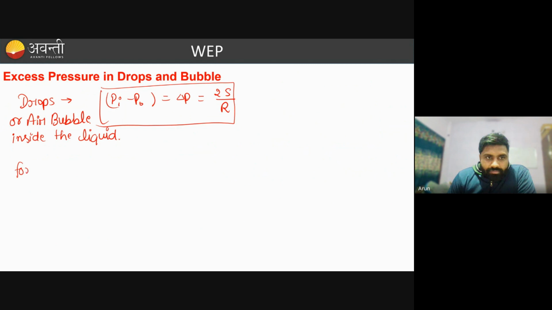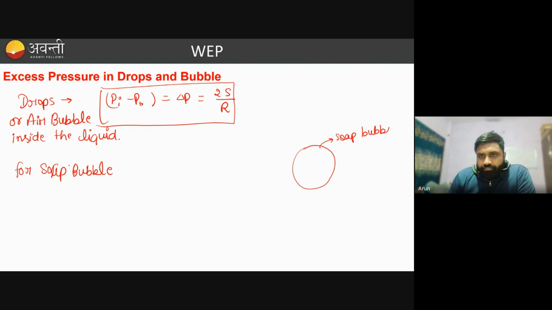For a soap bubble, or any bubble which has two surfaces, because in a soap bubble we have two free surfaces. How? If it is a soap bubble, one surface makes contact with air on the outside, and the inside surface is also making contact with air.